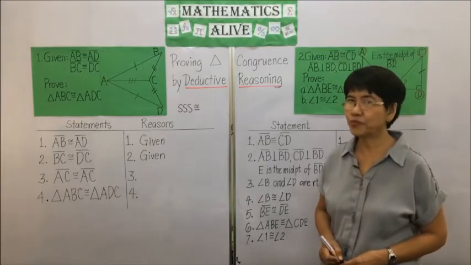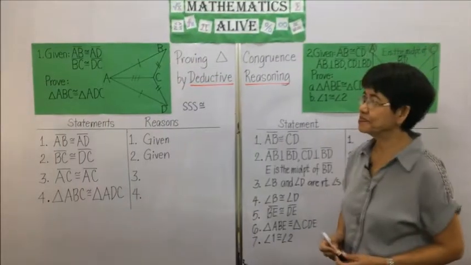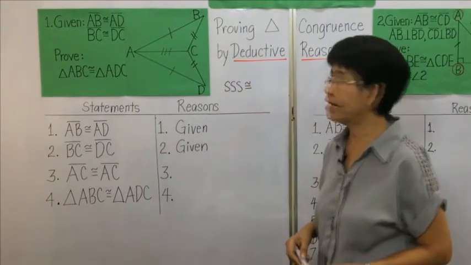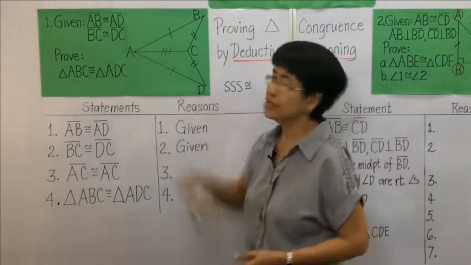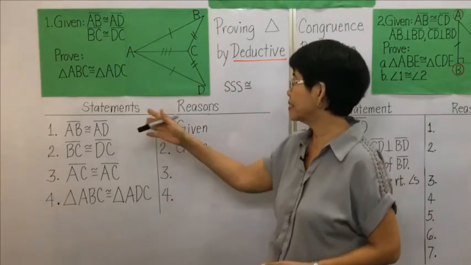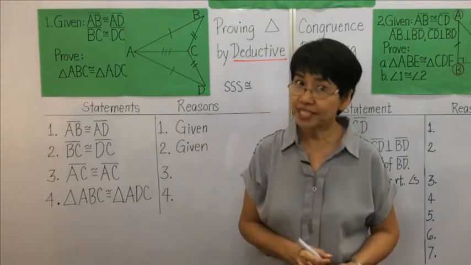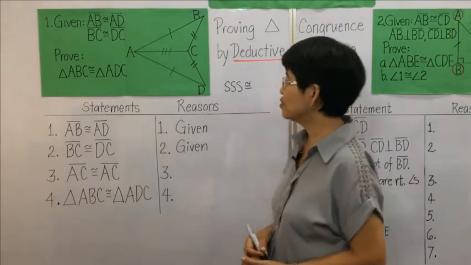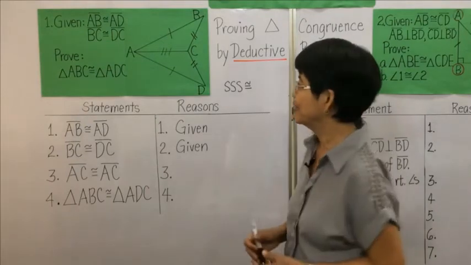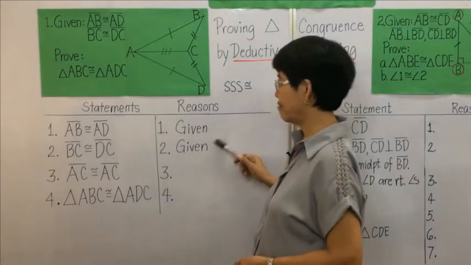Now we are ready to prove triangle congruence by deductive reasoning. Number 1, we are given these two triangles and AB is congruent to AD. So for our statements and reasons, I will just lay down all the evidences that these two triangles are congruent, and those are the given facts. So AB is congruent to AD, given.